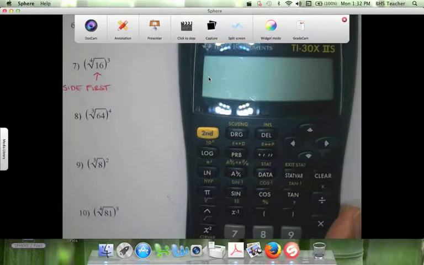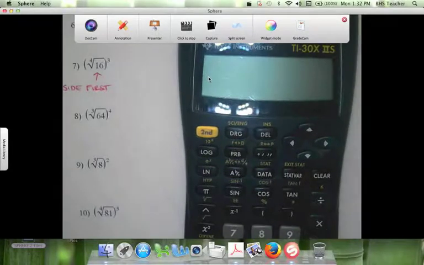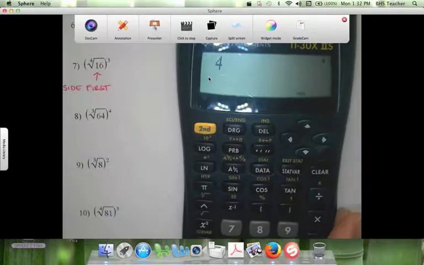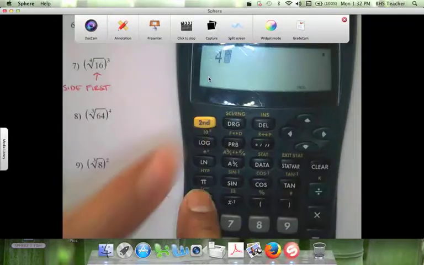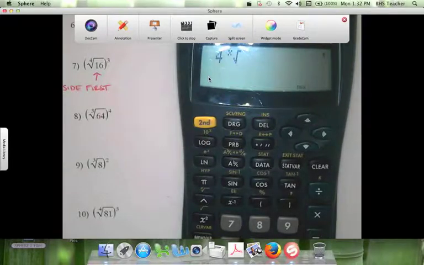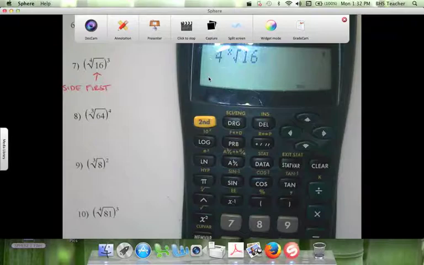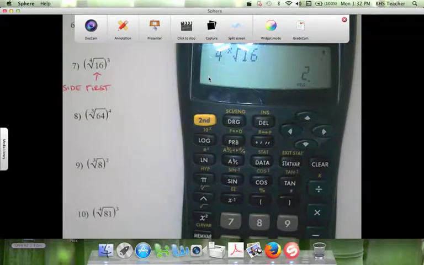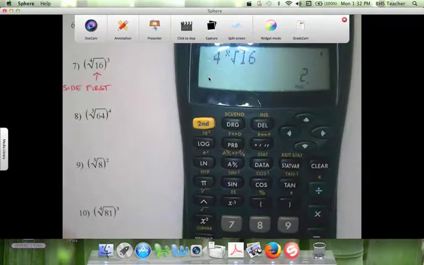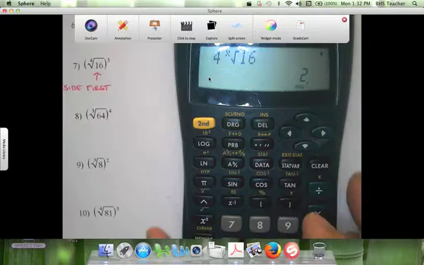Put the 4 first. Then get that nth. That's the 4th root of 16. Get that value first. The 4th root of 16 is 2. That means 2 times 2 times 2 times 2 is 16.